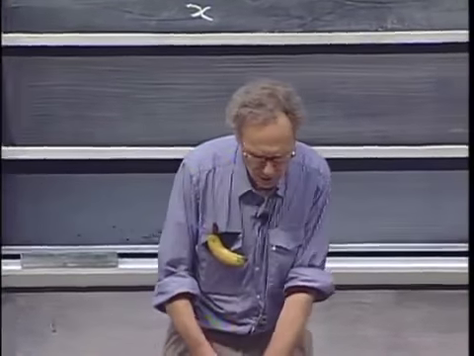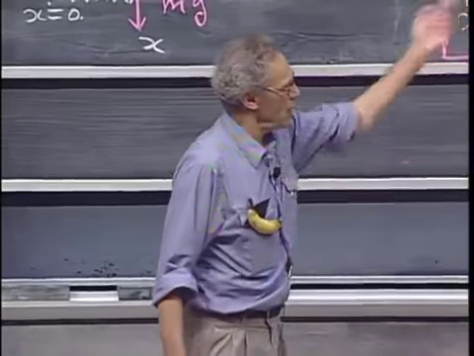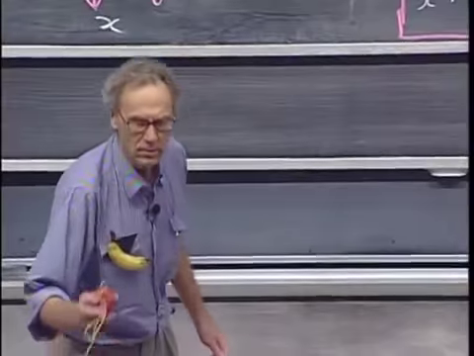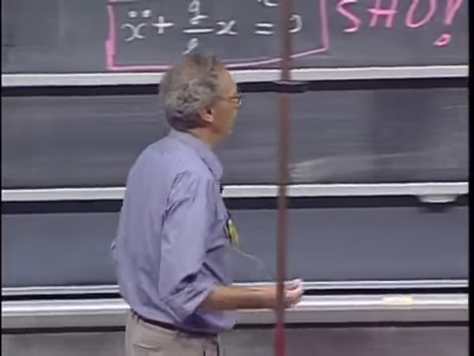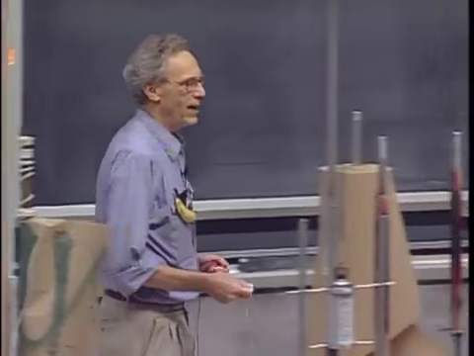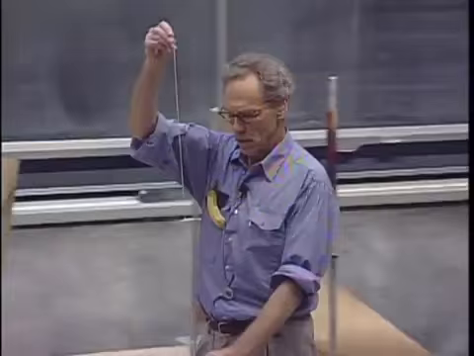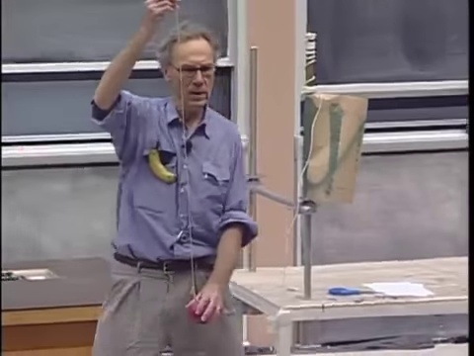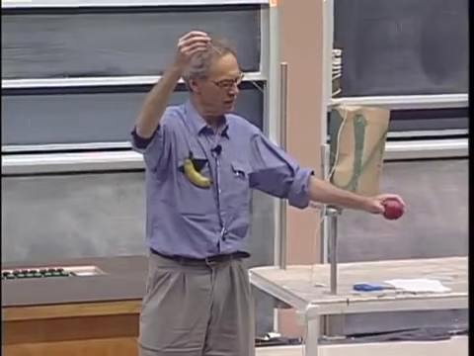To give you some rough idea of what these periods will be, substitute for L 1 meter. And you take for G 9.8, you take the square root, and you multiply by 2 pi, and what you find is that the period is about 2 seconds. So a pendulum 1 meter long has a period of about 2 seconds.